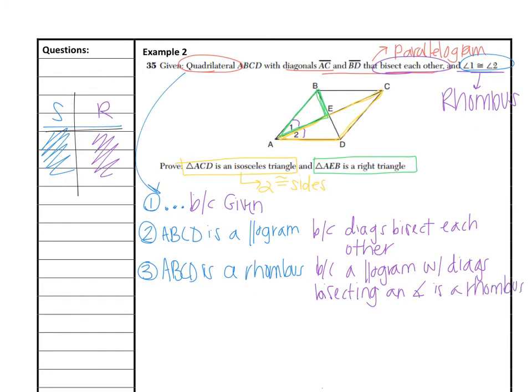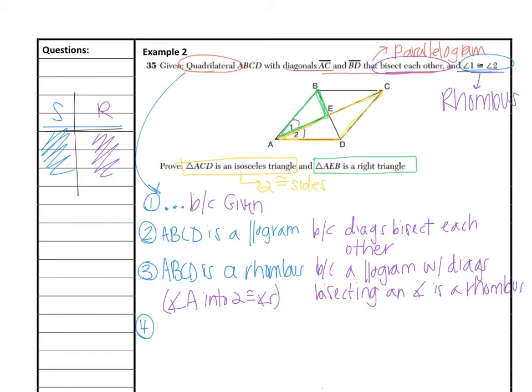And if you're struggling to figure out why it's a rhombus, it's because we're bisecting angle A into two congruent angles. You don't have to write that, but it might just help you to understand it a little bit better.